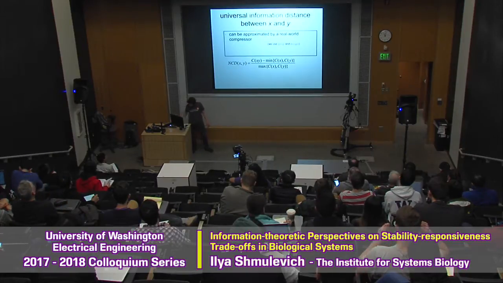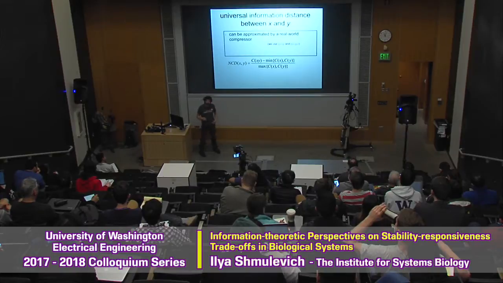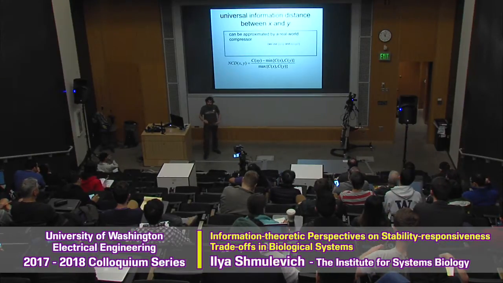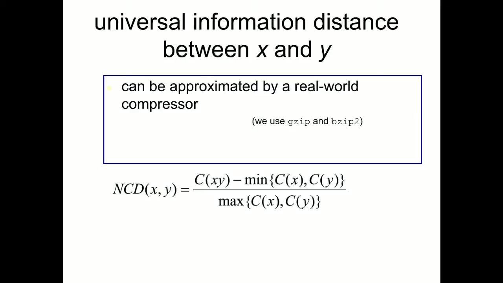parameters. And the way it can be implemented, because Kolmogorov complexity is not computable, in the real world is actually using lossless compressors like bzip2 or gzip or other compressors. The idea is to take two strings, x and y, compress them separately, and then also compress them together. So basically, how well do they compress together?